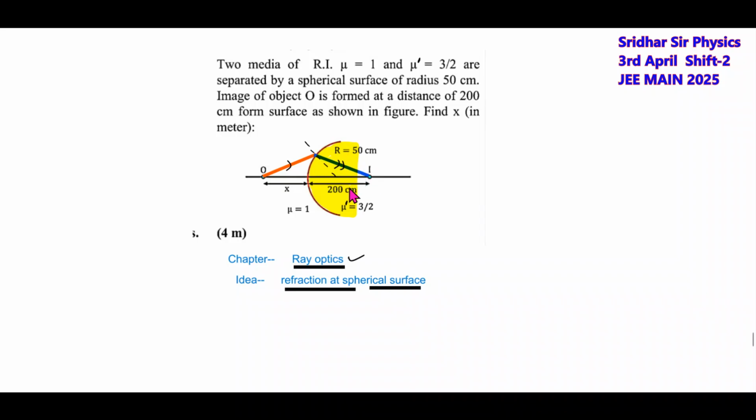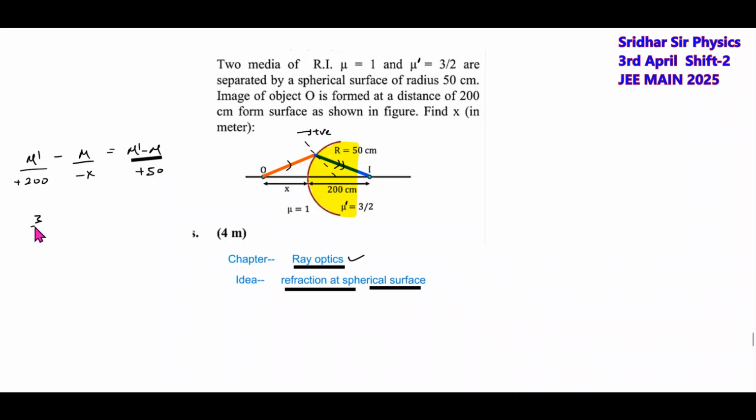The refracted ray is present in the mu dash medium, so mu dash over image distance, which we know, plus 200, minus the incident medium of refractive index mu over object distance, which we don't know, minus x, because distance measured in the direction of the incident ray is positive, and you're measuring x opposite to the incident ray, so negative. Equals mu dash minus mu over R, which is plus 50.